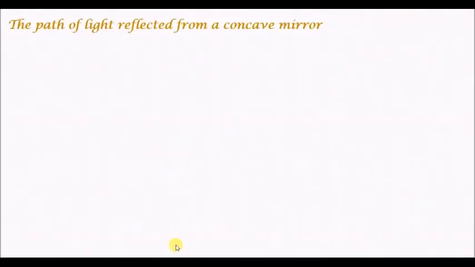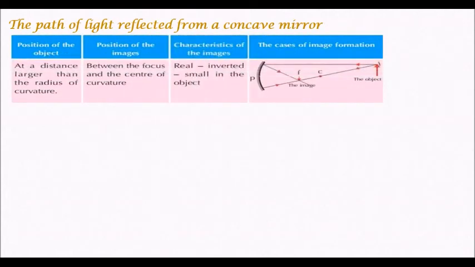Let's talk about the path of light rays reflected from a concave mirror. Firstly, we need to know a few things: position of the object, position of the image, what are the properties or characteristics of the image, and the drawing of that case.